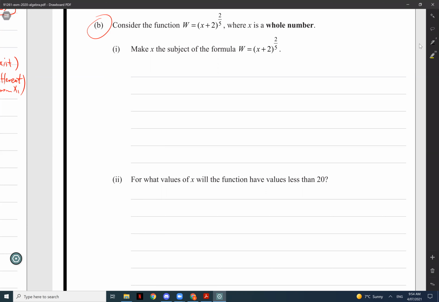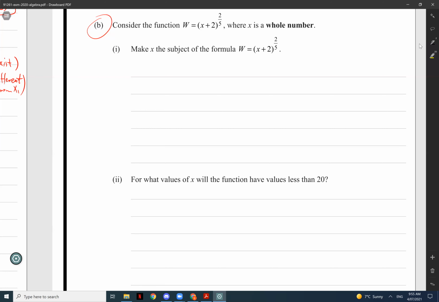Make x the subject. Can this make x the subject?